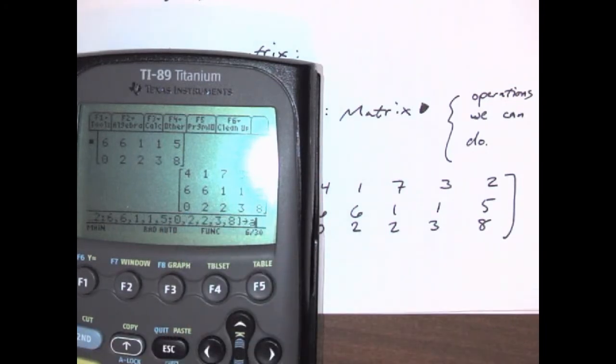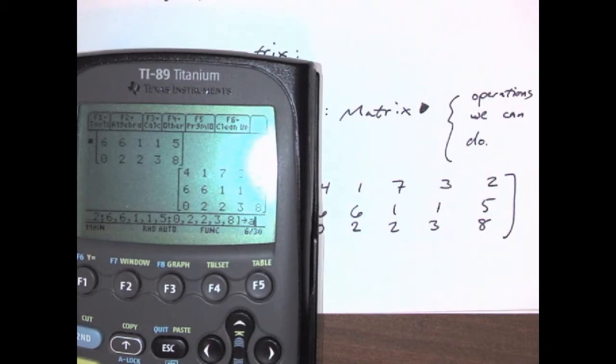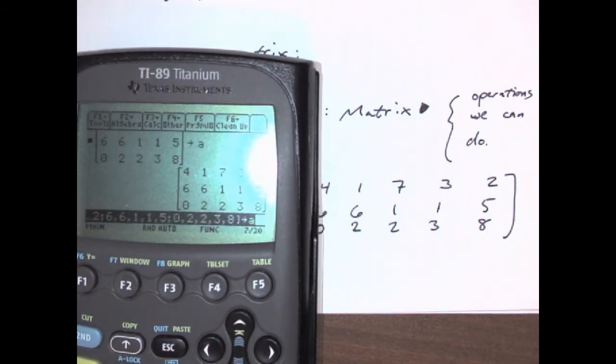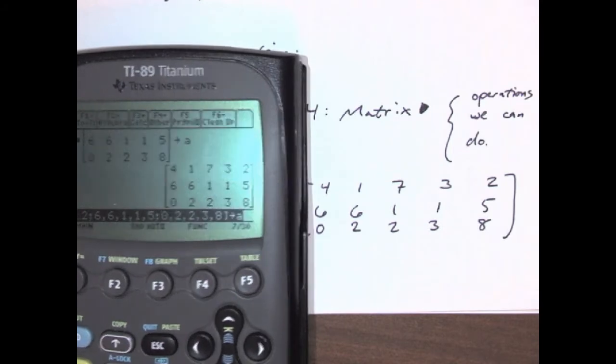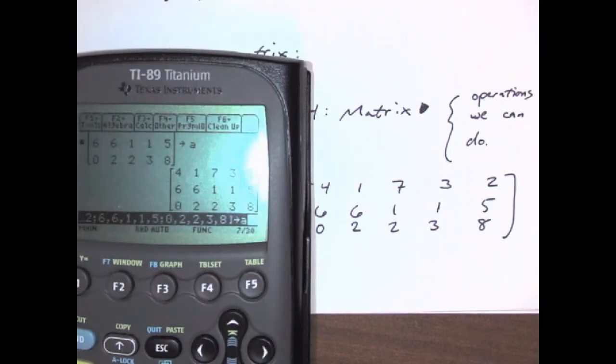I can call it A if I wish, and it doesn't matter if that has already been named or anything like that. It will still overwrite that, and even if it was named, and even if it belongs to a different category, it will overwrite it with now this, and it doesn't care.